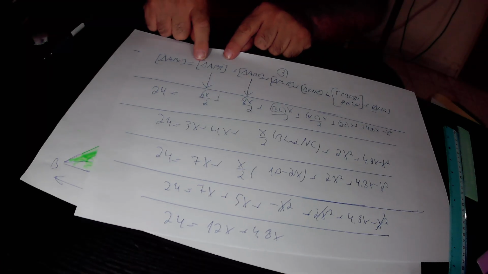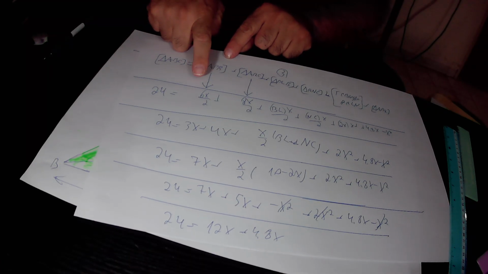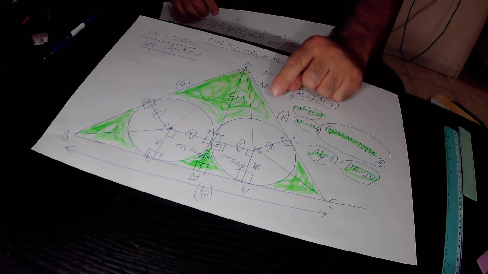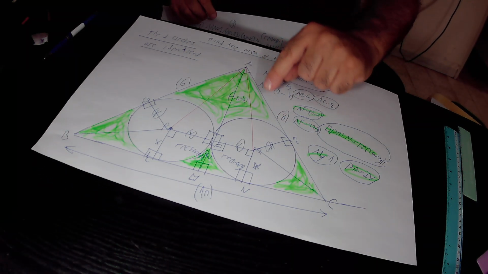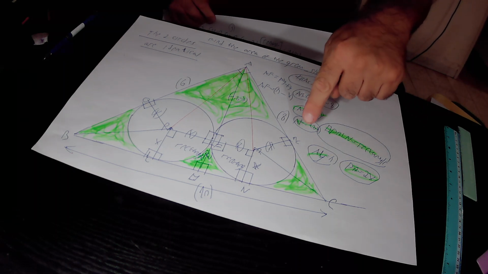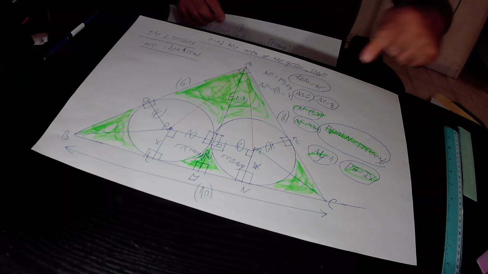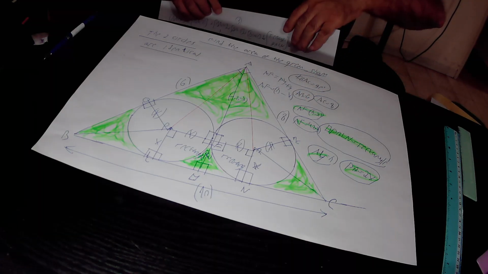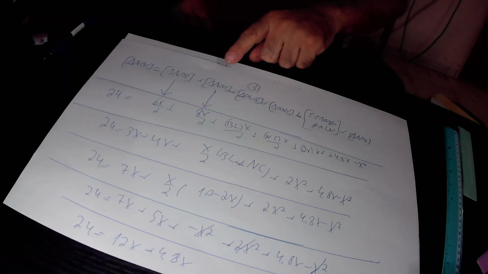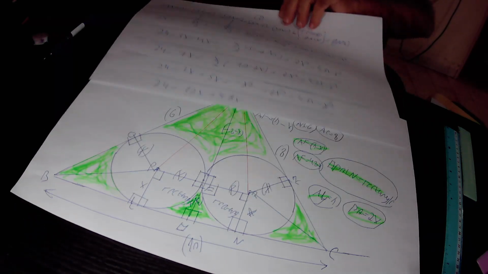The area of the first shape that this triangle ABC consists of equals 6x over 2. Plus the area of the second shape, this triangle AQP, which equals the base AC, that is 8, times the height ZQ, that is x, over 2. So it is 8x over 2. The area of the second shape equals 8x over 2.